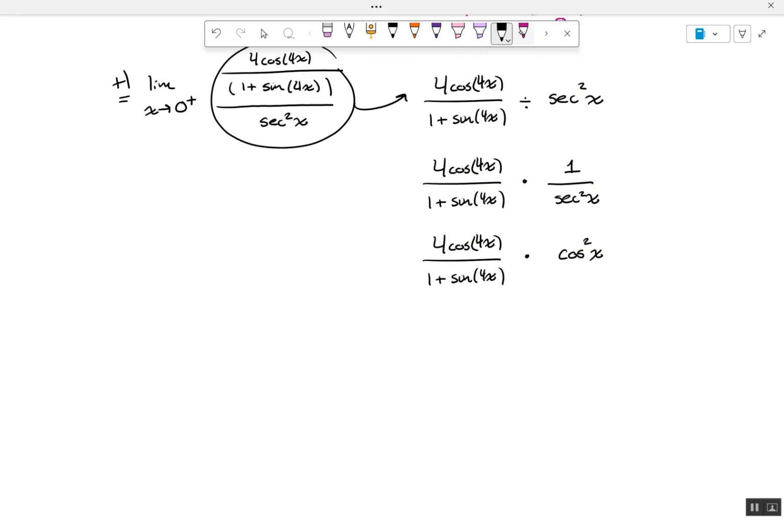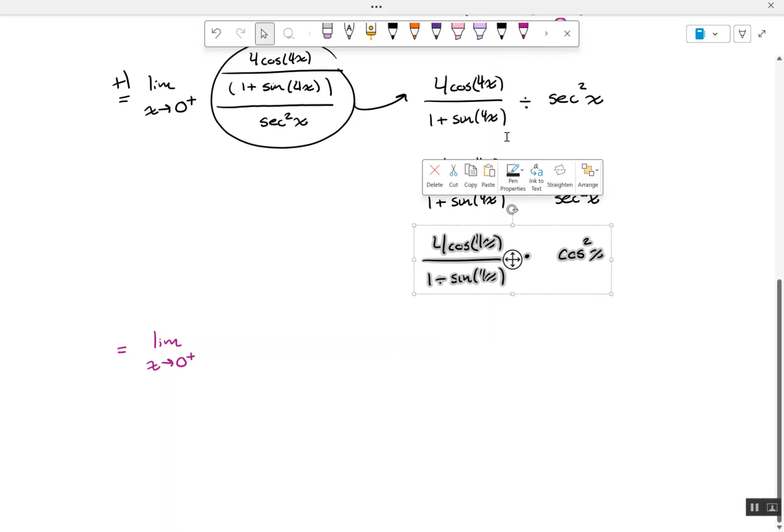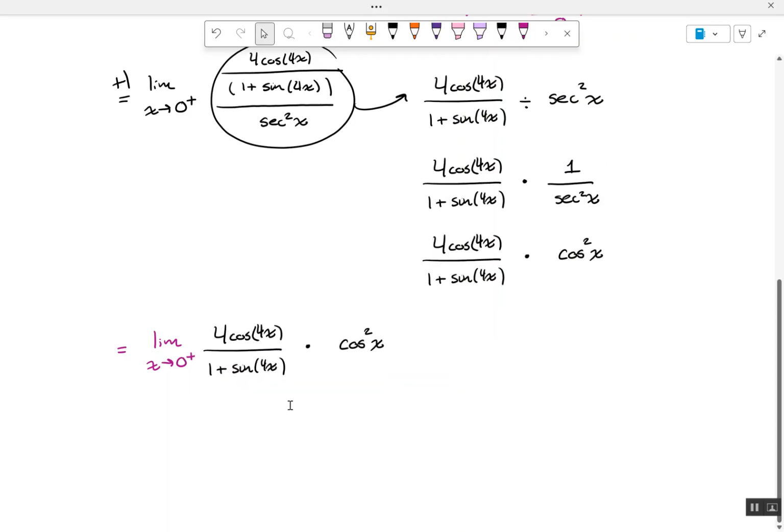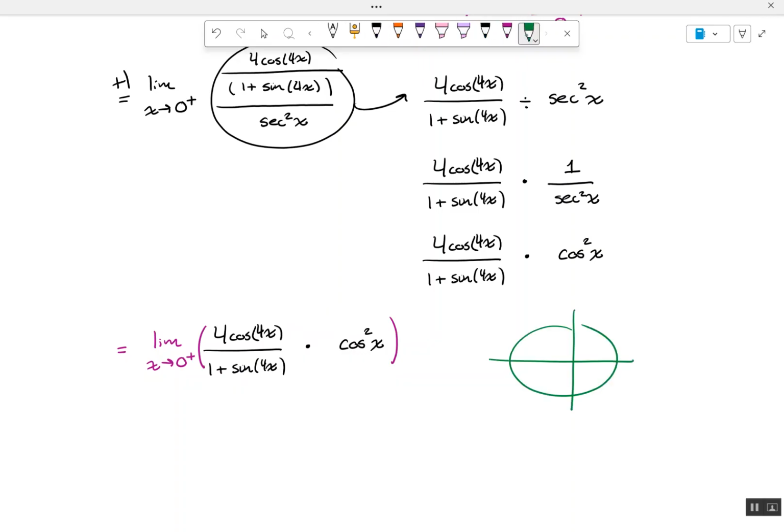All right. So now let's examine this limit. So let's put the limit notation back. And let's sketch our unit circle for reference. And we're looking right here at 0. At this point, 1 comma 0.